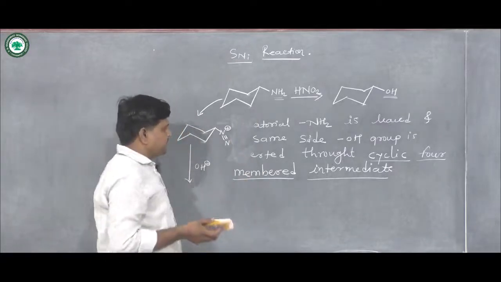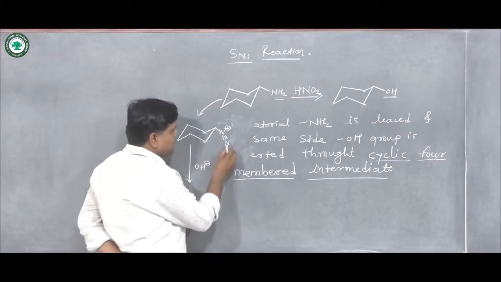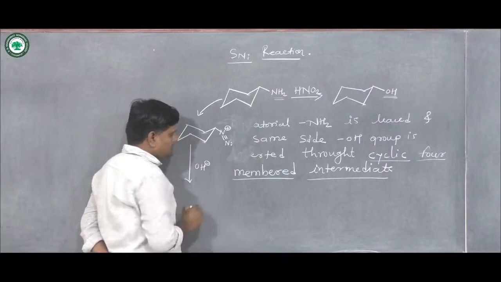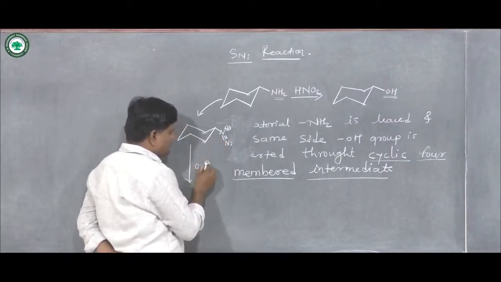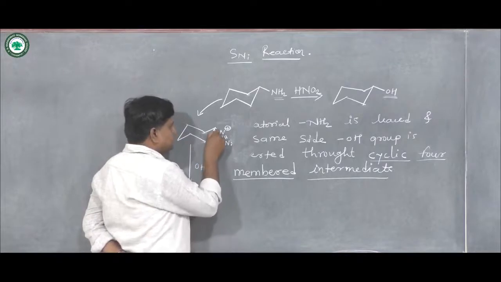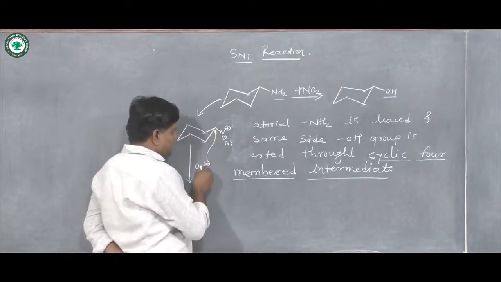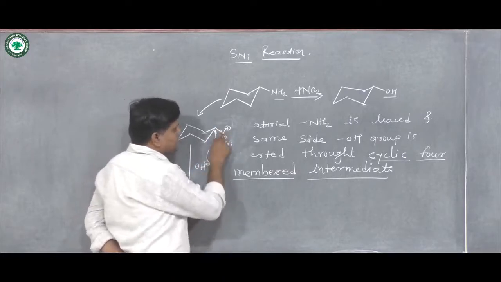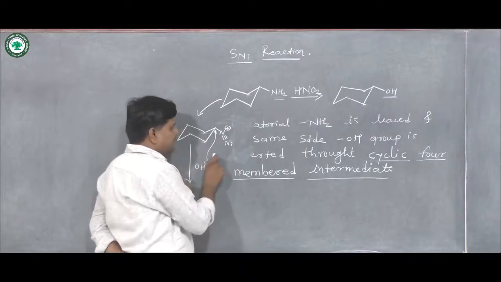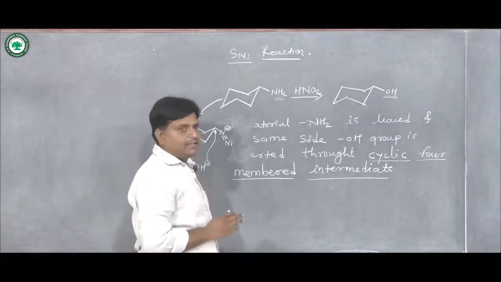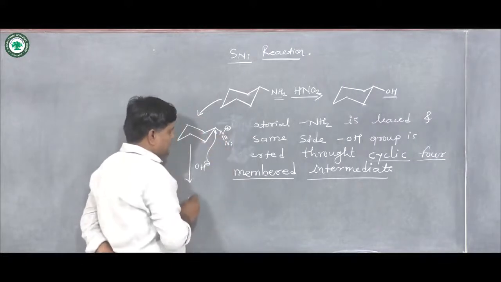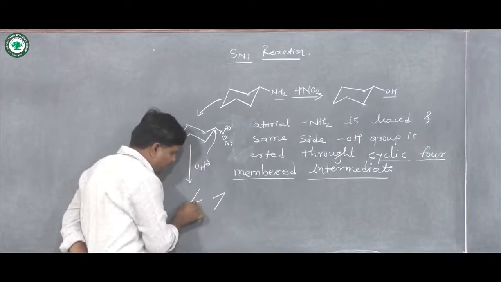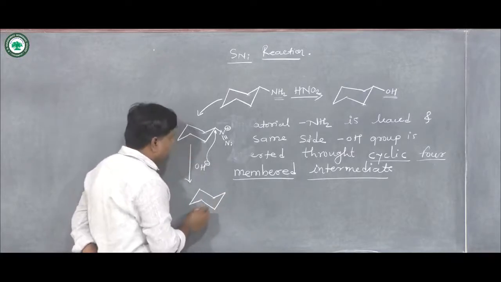Okay, see here. The lone pair from this nitrogen will abstract this proton, and also this oxygen will first attack this carbon atom, and when this hydroxyl group is in close contact with this N2, at that time it will create some bonding with the nitrogen atom. So we see here how that four-membered cyclic intermediate is formed.